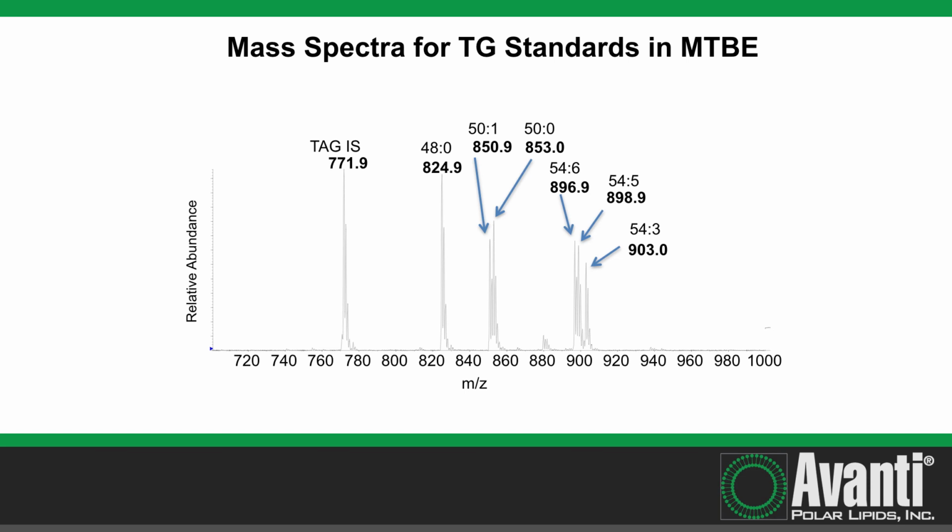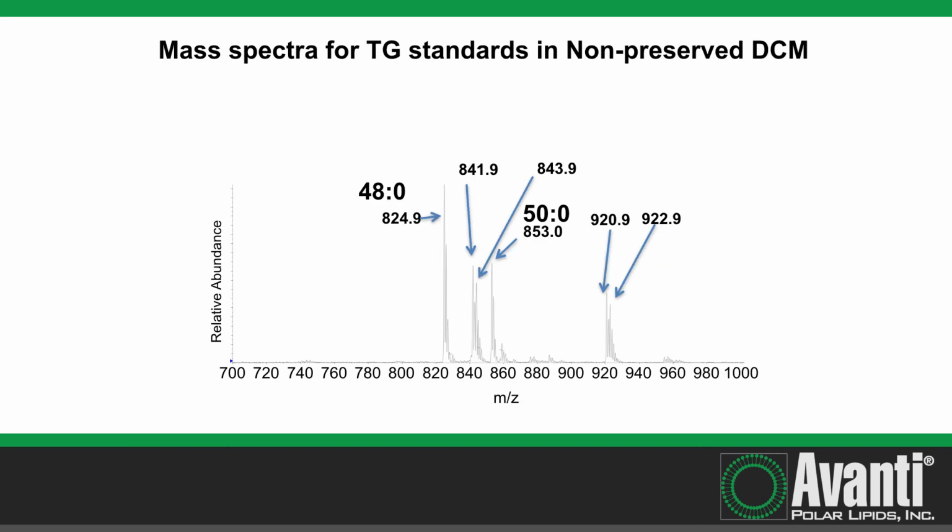This is what the mass spectrum of the standard looks like, blown out here. You can see they all have very nice peaks and resolution, and the double bonds between those 2 standards are quite well indicated. And this is the non-preserved, the non-preserved dichloromethane.